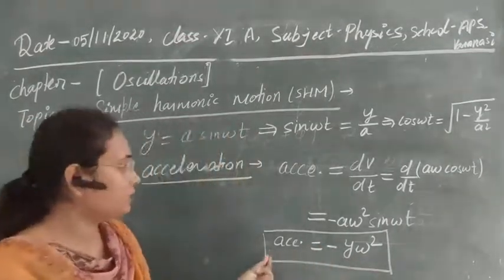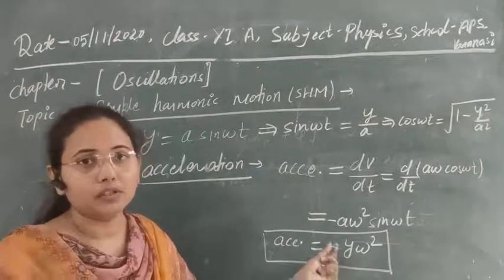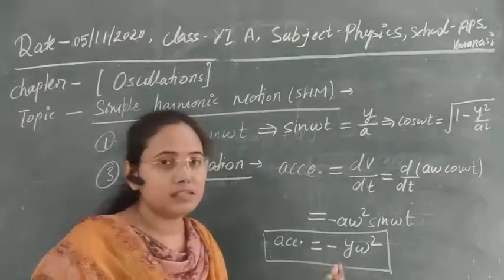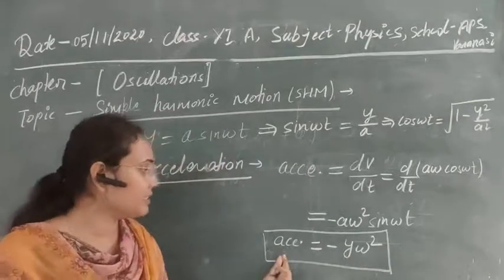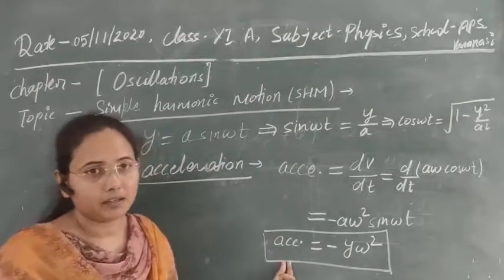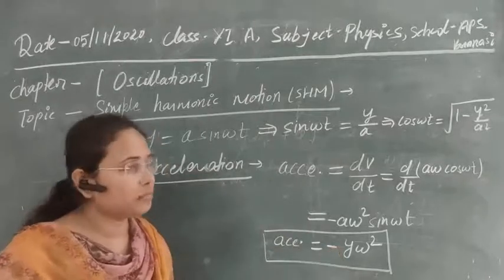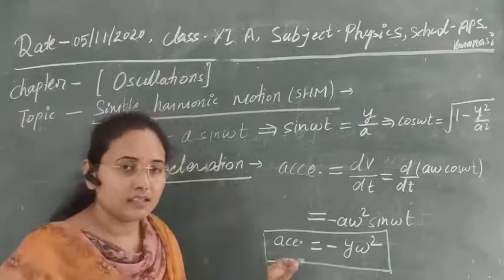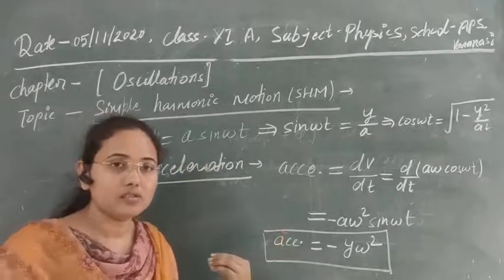That again depends on the displacement of the oscillating particle. Means if displacement changes, then with the change in displacement there will be a change in the acceleration of the particle. Also this minus sign tells us that the direction of acceleration is always towards the center.